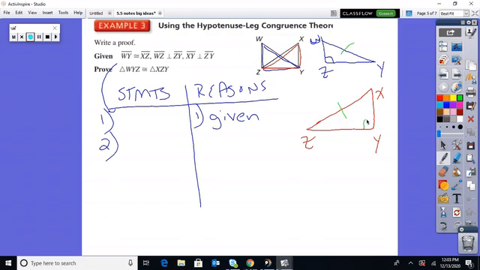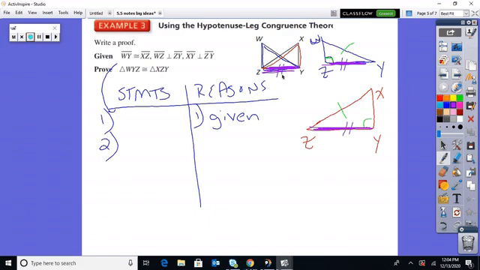Then the perpendicular tells you have right angles there and there. And now look, the reflexive property, sometimes a little trickier to see, but ZY is in both triangles. So you can mark it reflexive because it's the same length in both triangles.